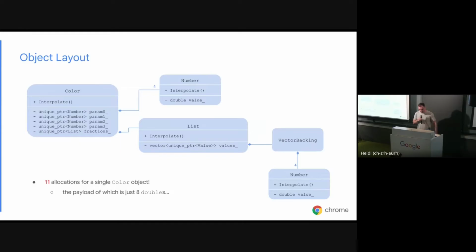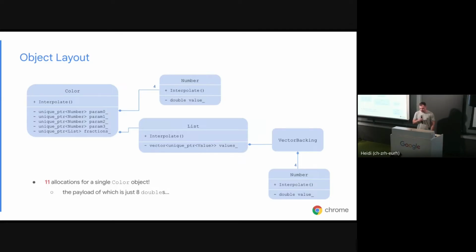If you have class hierarchies, some of the objects can end up having a non-trivial layout. Here, for example, there is a color object having a bunch of unique pointers to numbers, a pointer to the list, which has a vector pointing to the vector backing, and the vector backing has pointers to unique numbers.